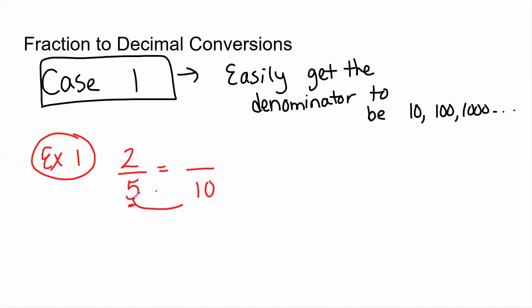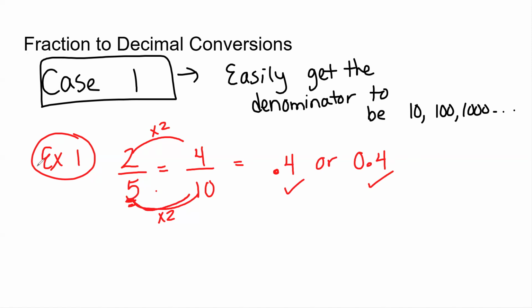And you're going to multiply by what? 2, because 5 times 2 is 10. And then you multiply the top by 2 because you've got to be fair. So 4/10, and then the decimal would be 0.4. Or you can write the 0 in front, it doesn't matter. This is correct.